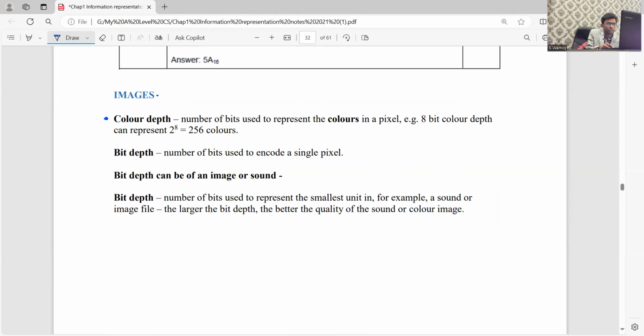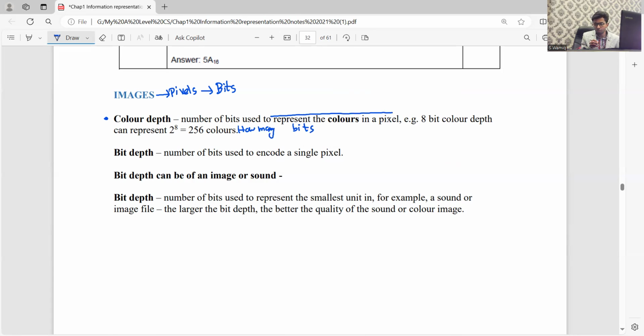You need to understand that images are created out of pixels and pixels are created out of bits. That means color depth is how many bits are being used to represent the color in a pixel, right?